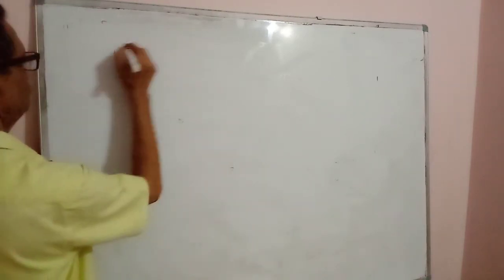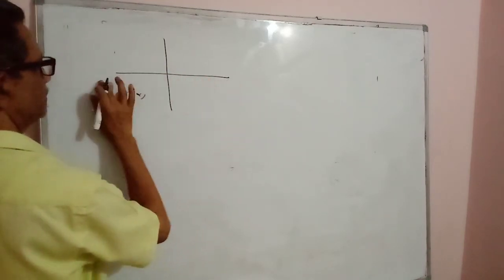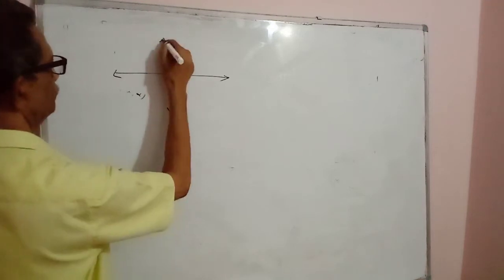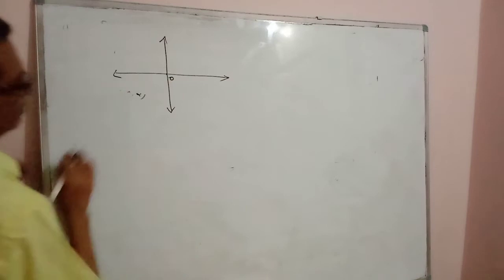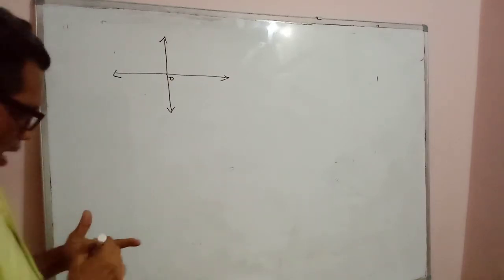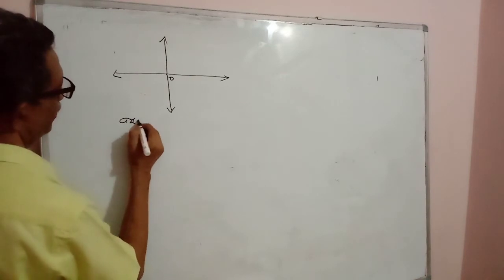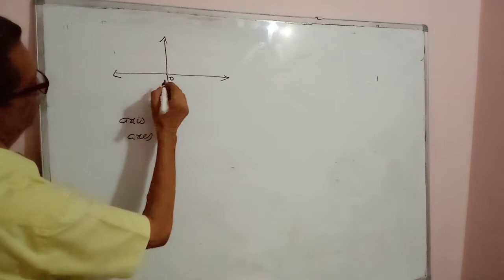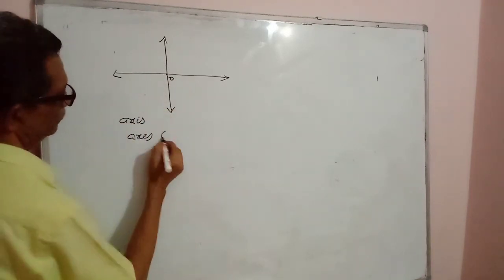You know, this is the x axis and this one is the y axis. They are mutually perpendicular. The point of intersection of the two axes, the plural is axes, is called the origin.